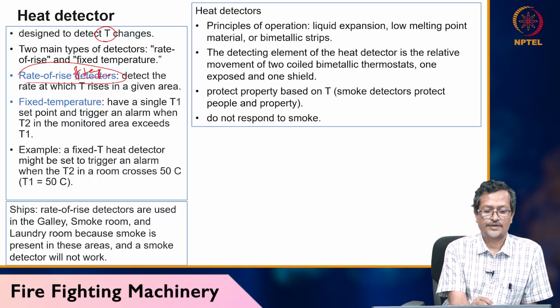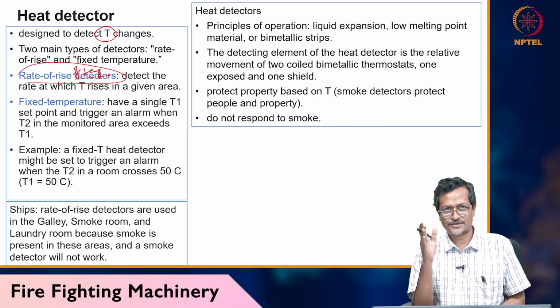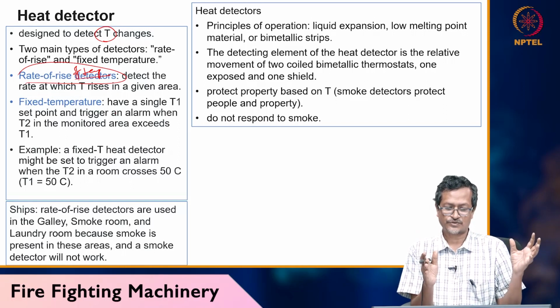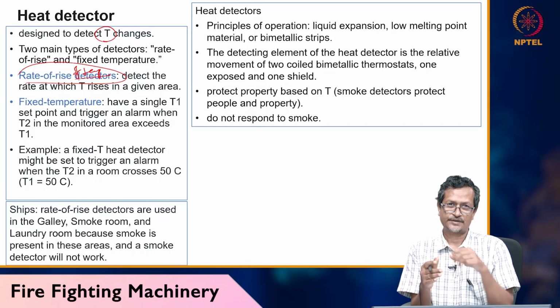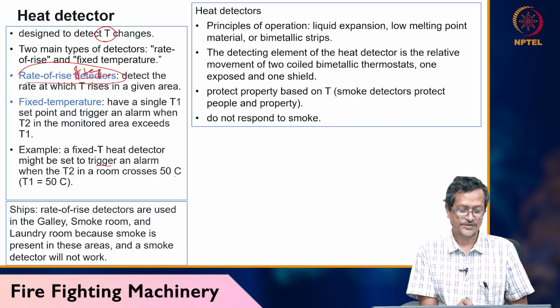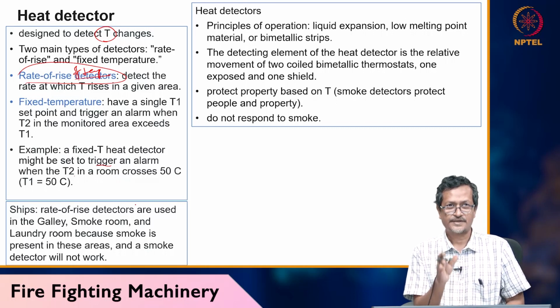It detects the rate of temperature rise and fixed temperature. It will have a fixed set temperature. If your room temperature crosses that set temperature, then it will send an alarm. For example, a fixed temperature heat detector might be set to trigger an alarm when the temperature in the room crosses 50 degrees. So, 50 degrees is my set temperature.